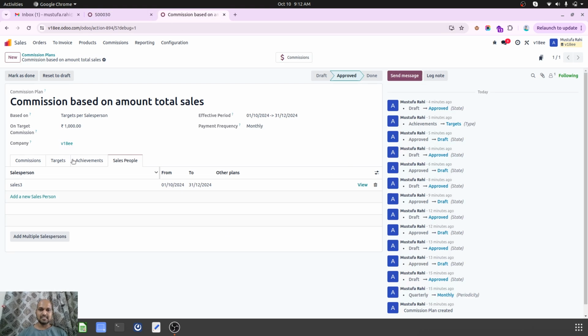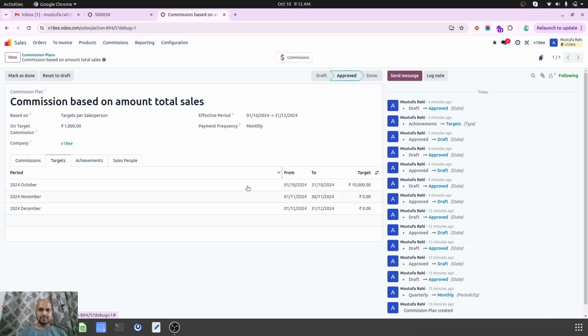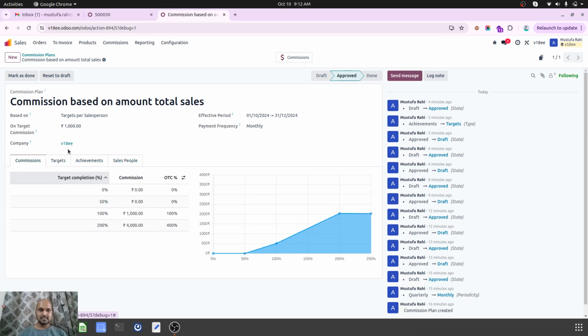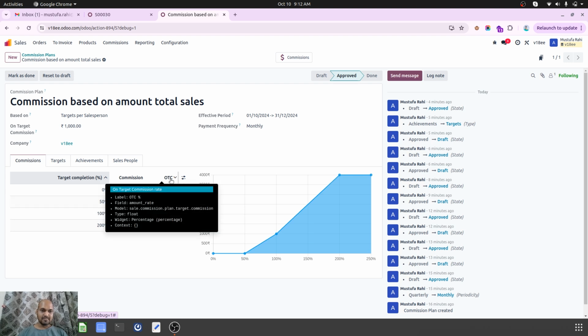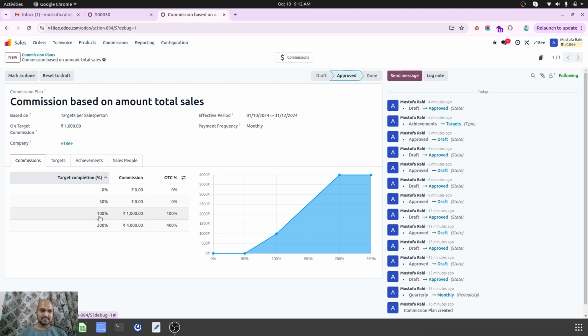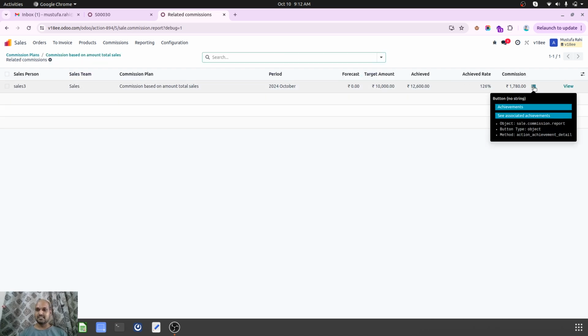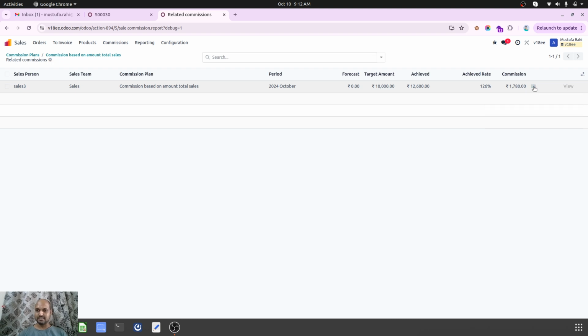Let us review the commission plan again. The commission plan says if I achieve 100% on the target commission rate, I will be eligible to get 1,000 rupees, and my target is 126% now. So based on that, the system has calculated this commission of 1,780 rupees.